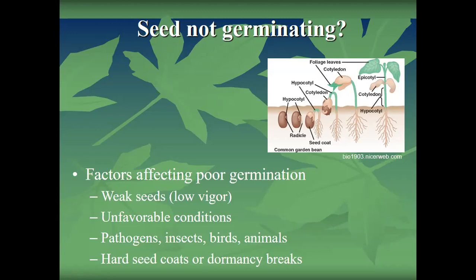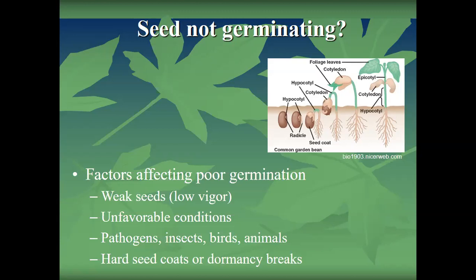The tetrazolium chloride is a clear solution, and when the seeds are immersed in it, there's a release of hydrogen ions, and you will see the tissues in the seed turning red. Only if the seed is viable does it turn red. If it does not turn red, that means the seeds are not viable. So that's the tetrazolium test, and that is also considered a viability test.